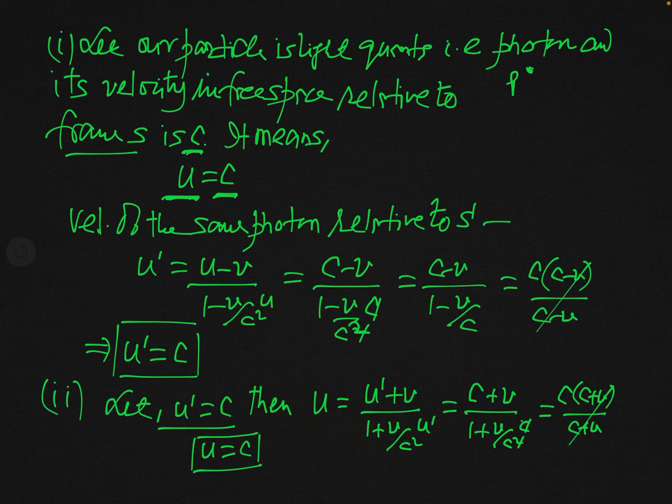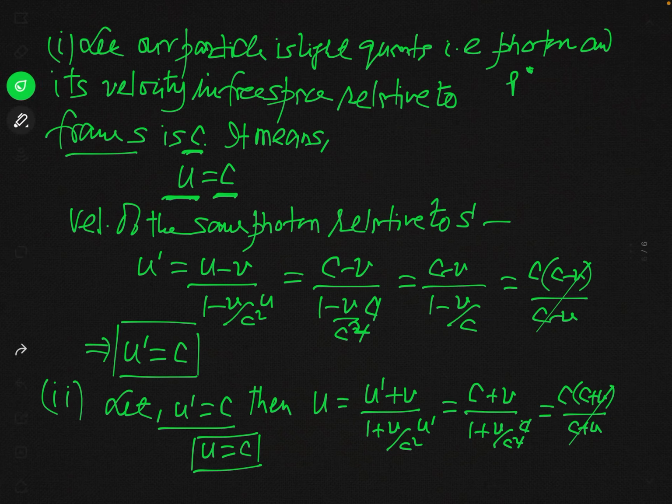The velocity of light c is a relativistic invariant. Its value is not different in different inertial frames. Actually, this is the second postulate of special relativity. So, using the Lorentz transformation equation, it is possible to show that the velocity of light in free space remains the same in all inertial frames.